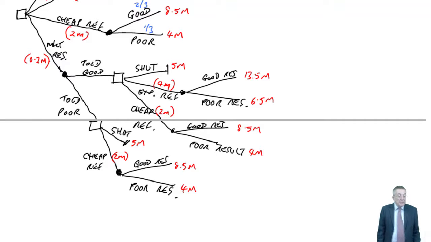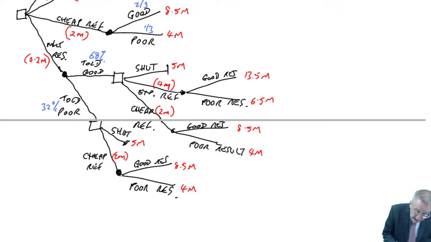There's a 68% probability they'll tell us it's good. And therefore, surely 100 minus 68, 32% probability the answer will be that it's going to be bad. But we're not finished yet.